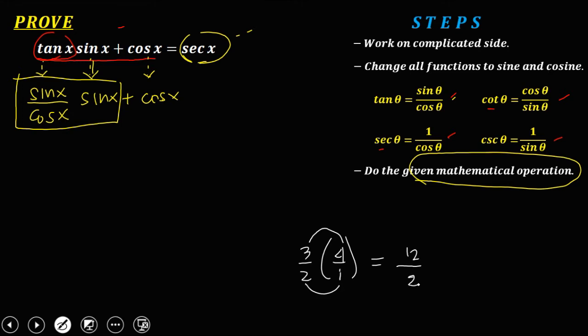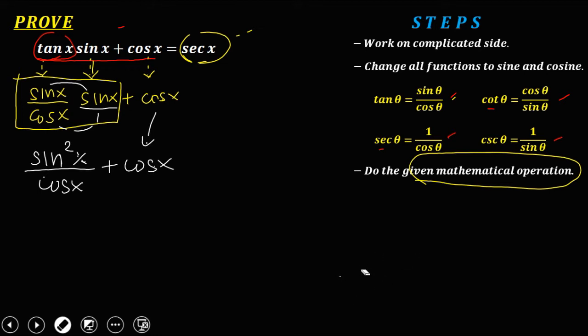So in this case, we have this over 1. So therefore, sine x times sine x, that's sine squared x. Then over cosine times 1, that's cosine x, then plus this cosine x.